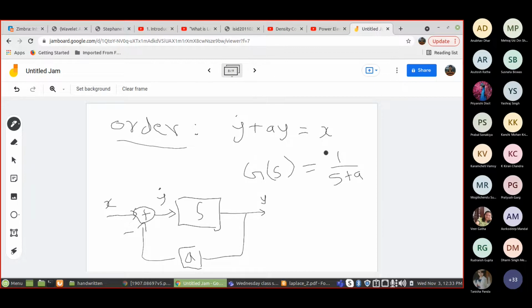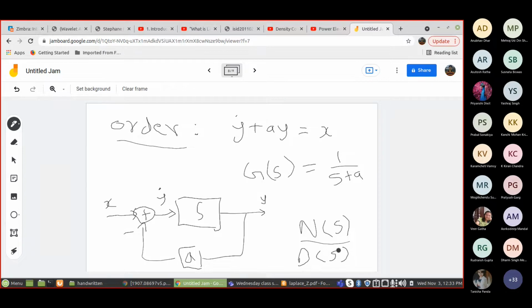We will always assume that our transfer functions are proper. By proper I mean the numerator degree is less than or equal to the denominator degree. If it is higher, then you are going to have impulses and non-causal systems. We are not going to consider such systems.